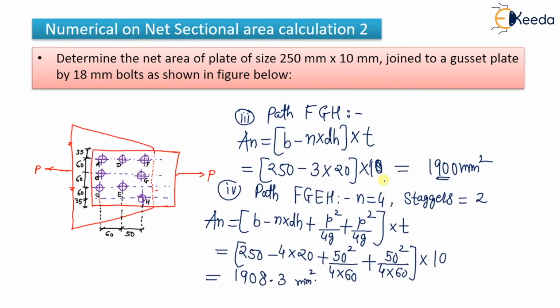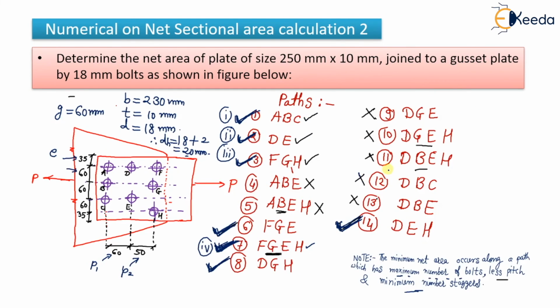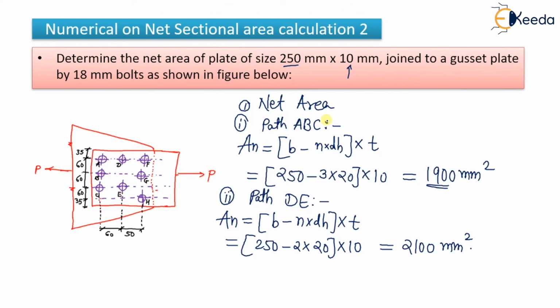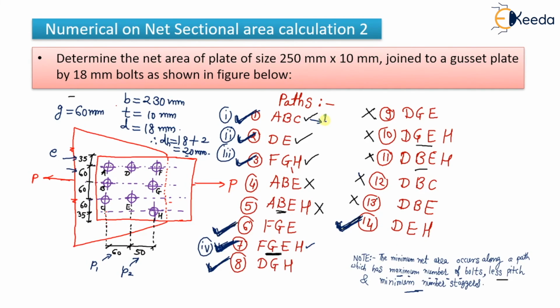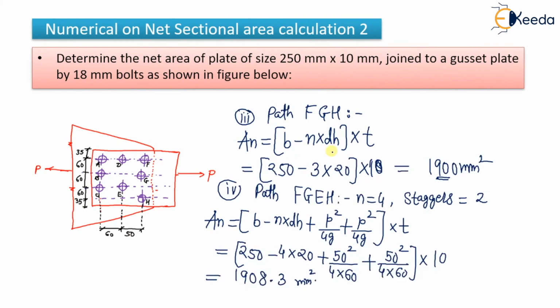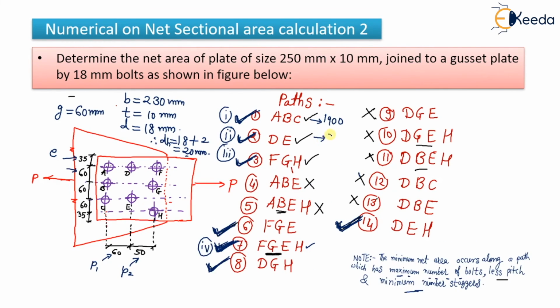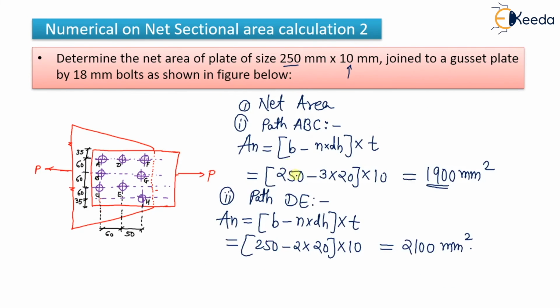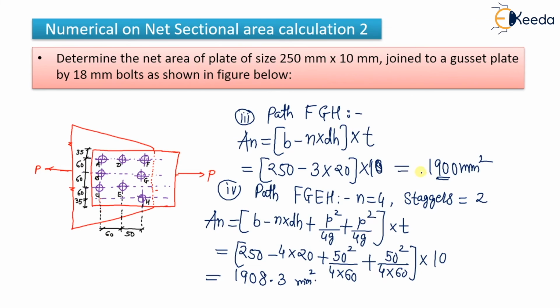Now this path is also over. See what I will do: I'll write the areas which we have calculated. For ABC path it is 1900. For DE path it is 2100, all in mm square. For FGH it is 1900.